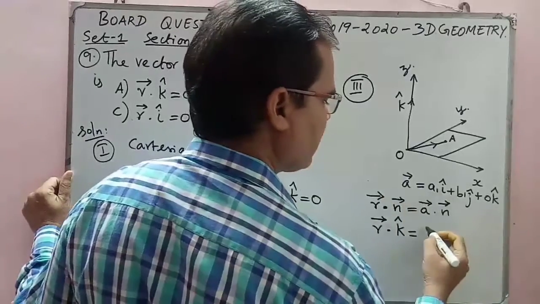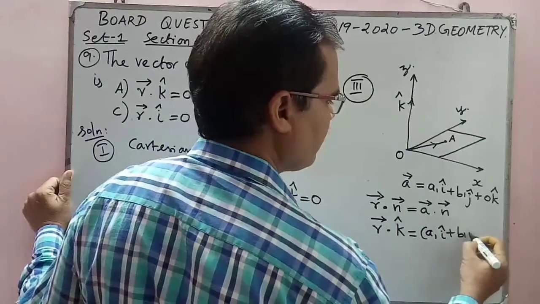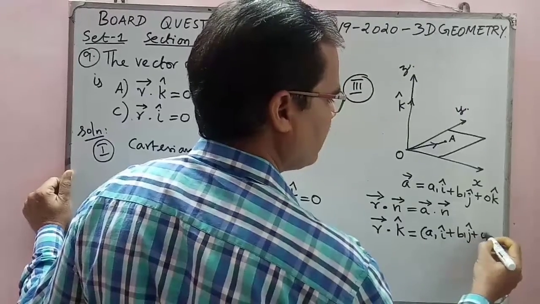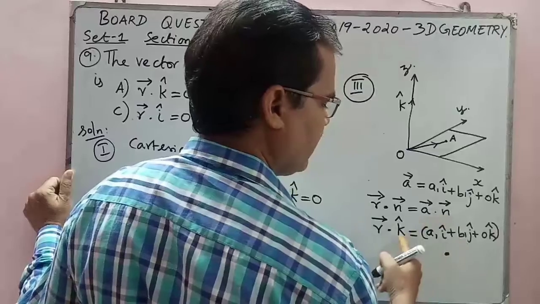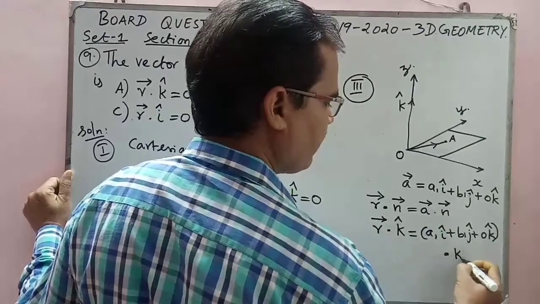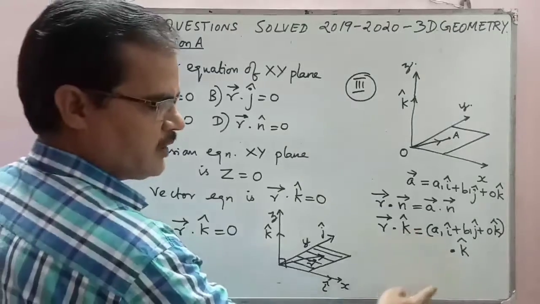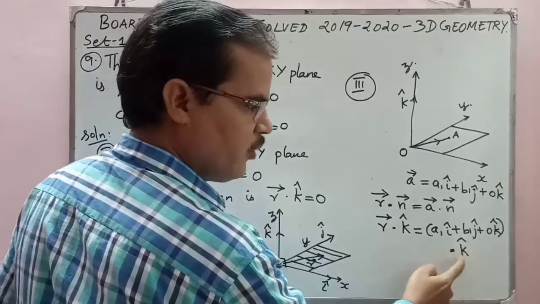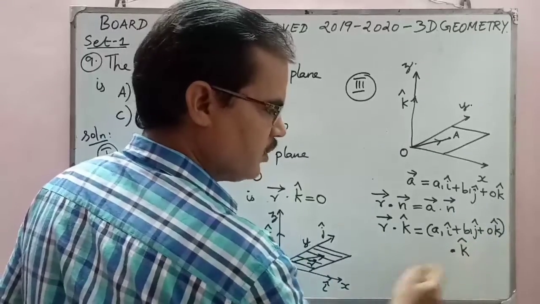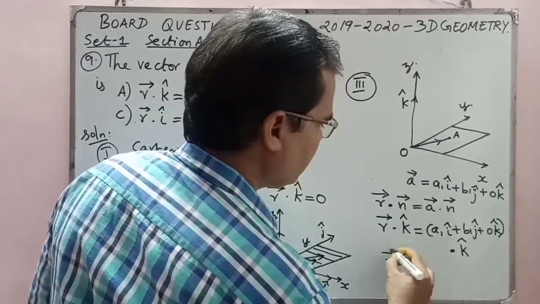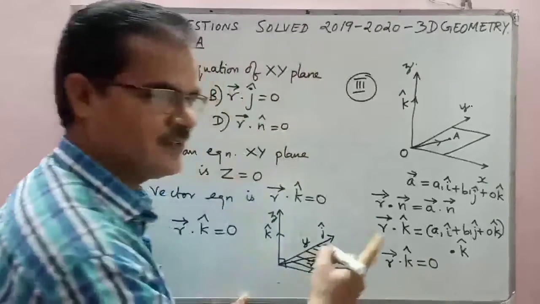I am going to split it out and write a1 i cap plus b1 j cap plus 0 k cap, dot, again n cap we have written as k cap. Now if you do the dot product, you don't have i and j, you have only k. That too, when you do the dot product with 0, it becomes 0. So you have r vector dot k cap equals 0. This is the third method.